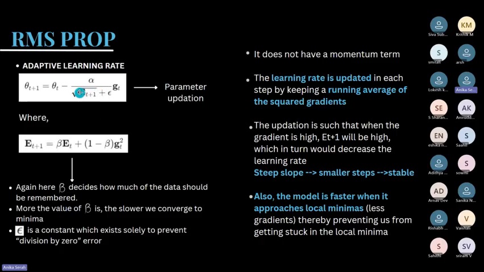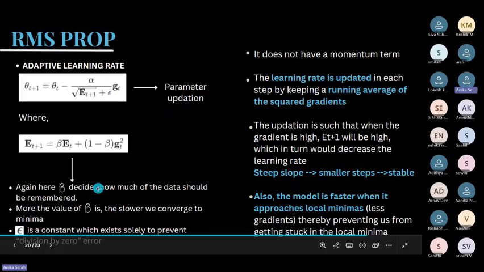And this E t plus 1 is an exponential moving average, but instead of just the gradients, you square the gradients. We covered what an exponential moving average is before. So you take the squared gradients, you take the exponential average of that, so that the older squared gradients get lower weights and the recent ones get higher weights. And then you basically scale it down by that factor and then you update the parameters. You're just changing the learning rate here.